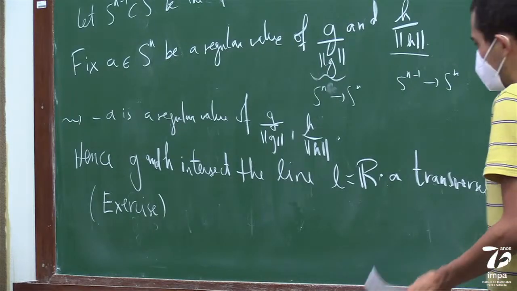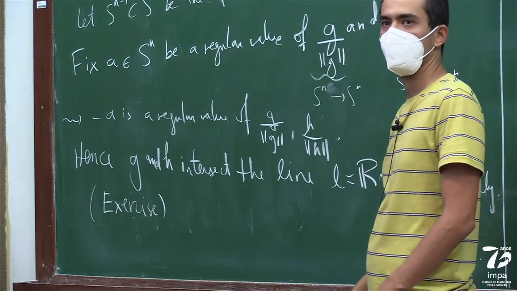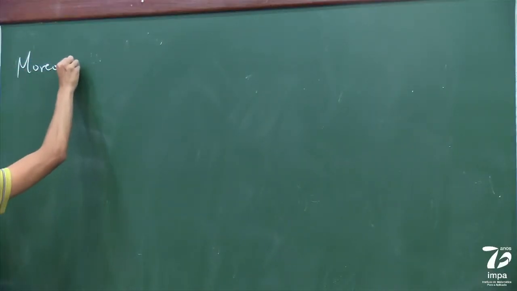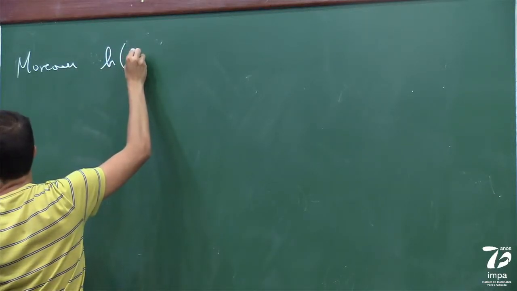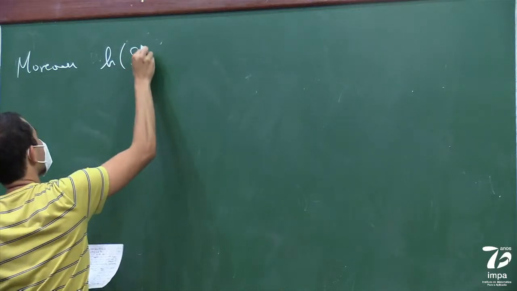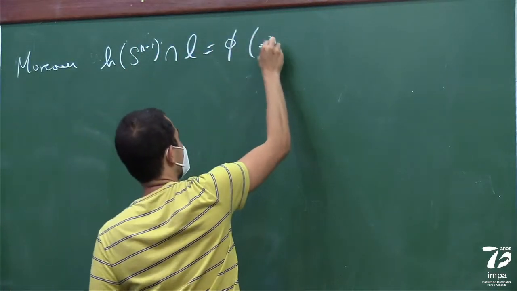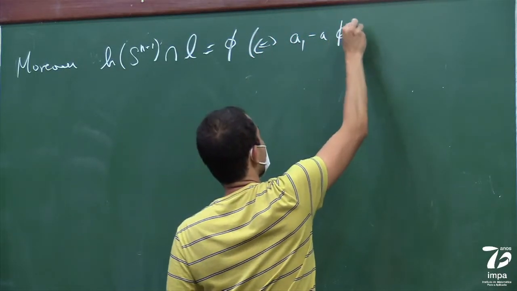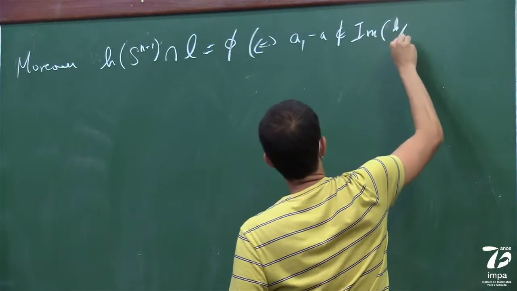Or, it's the same thing as saying that a is actually not in the image of h over norm of h. Okay, so moreover, h of Sn minus 1 does not intersect L. Or equivalently, neither a nor minus a is in the image of h over norm of h.